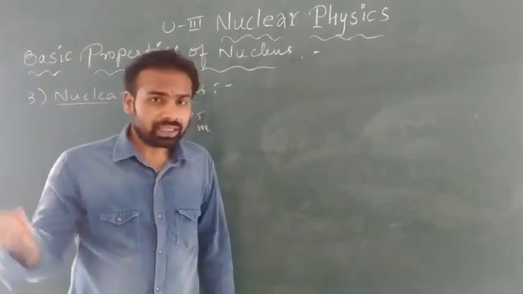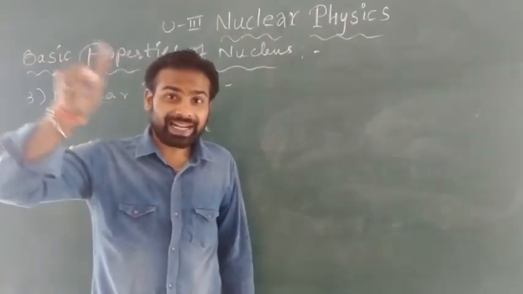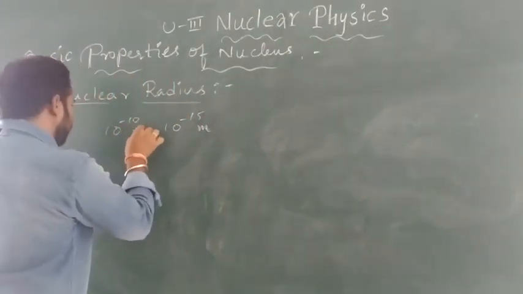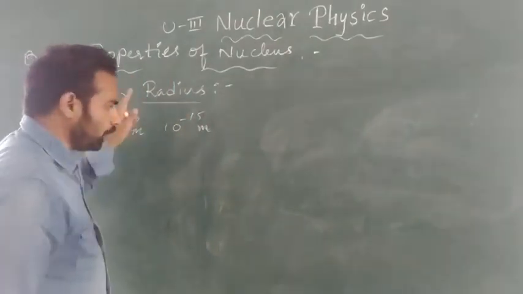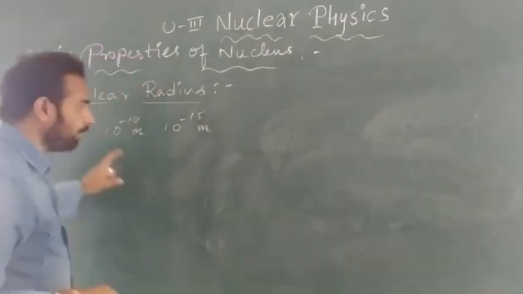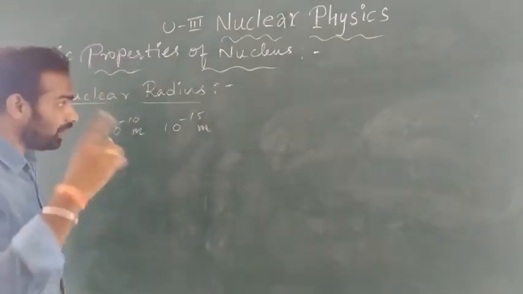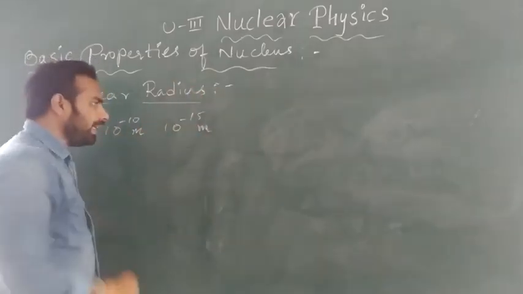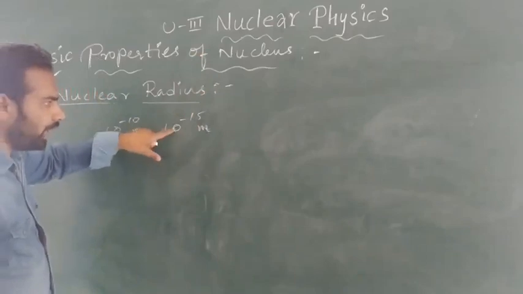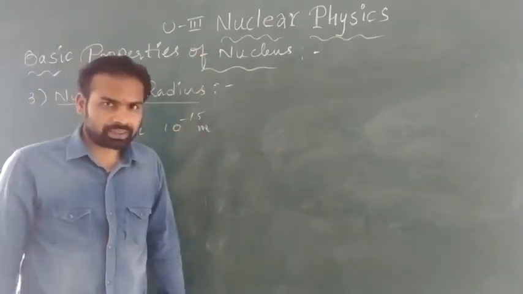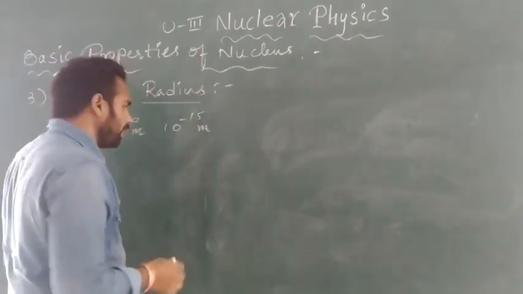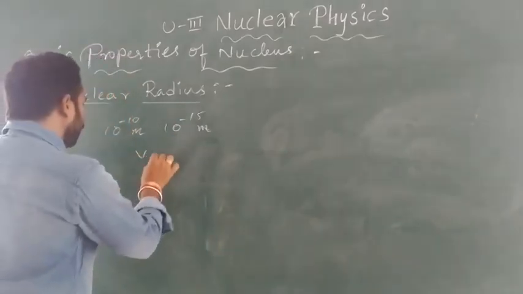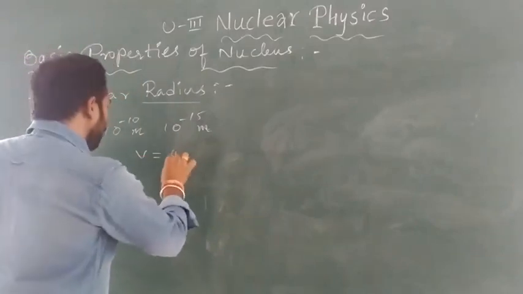Actually, the size of the entire atom is about 10 power minus 10 meters, and the size of the nucleus is very small compared to the entire atom, in the order of 10 power minus 15 meters.